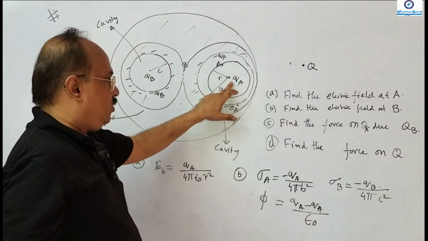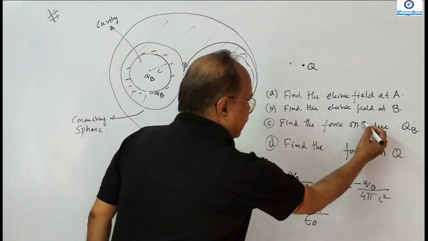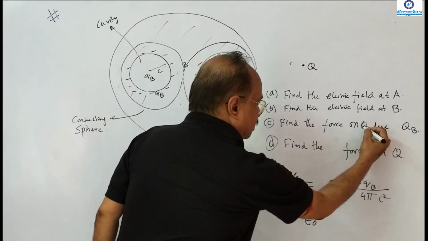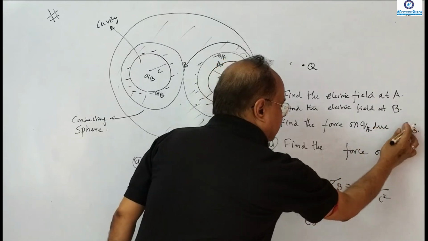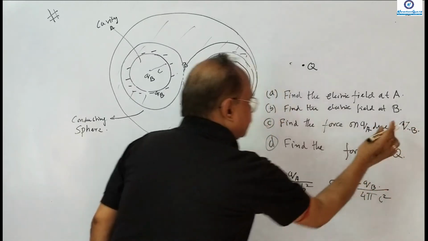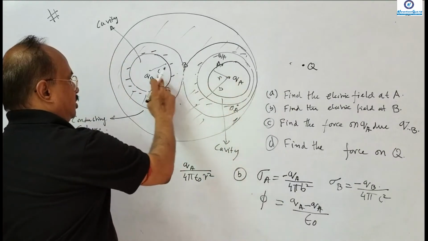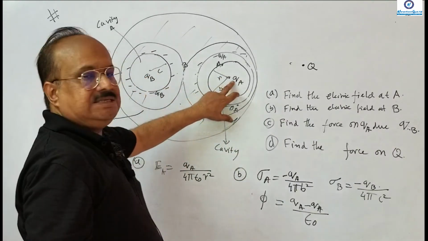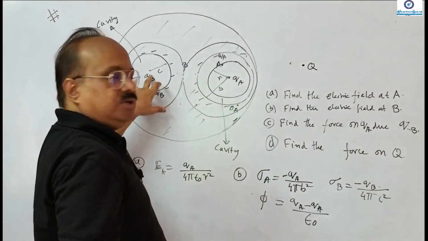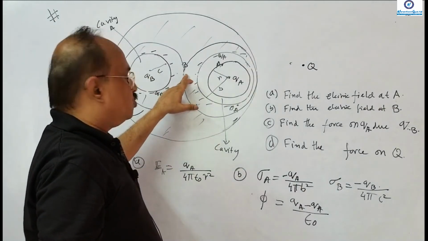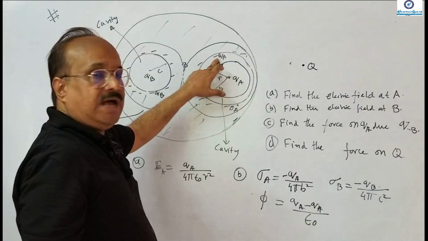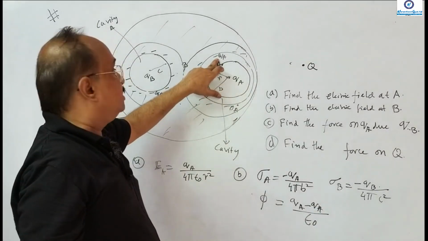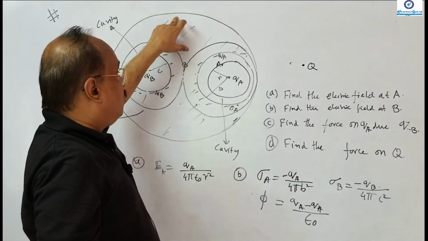The force on QA means, let us name it, I have written it small. Let us make this the small QA, and let us make this the small QB. So this QA is not creating any force on this, because it cannot apply any electric field at this point. You saw that it is not crossing here. Because this minus QA charge will induce another charge, not here, but outside it.